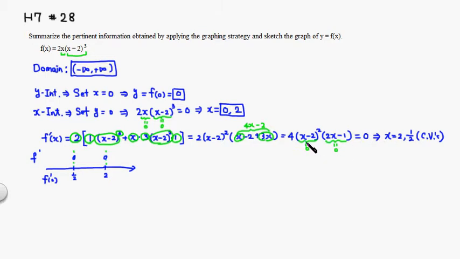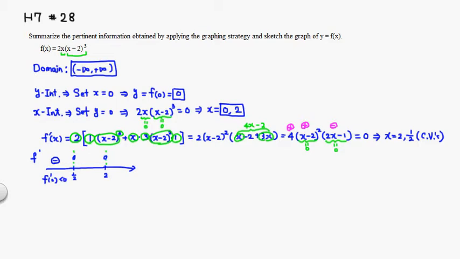If you plug in 0 here, actually there's a square here, this guy is always positive, so 4 is always positive, right, only difference is this guy. If x equals 0, it's -1, so it's negative.